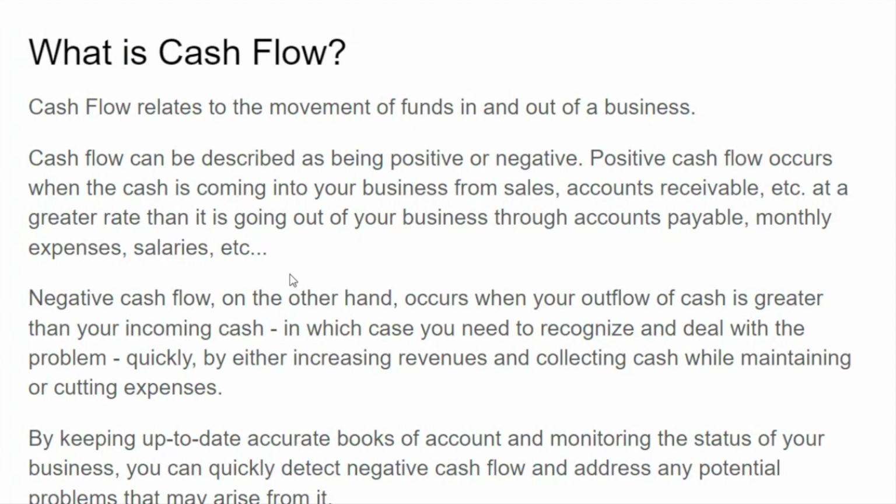So cash flow is a terminology that really looks at the movement of dollars and cents, funds, within and without of a business. So money coming in, money going out. I always analogize it to a bathtub, okay? Your taps are up the top, you turn on the water, water goes into the bathtub. Now, if you put the plug in the bathtub, the bathtub will fill up, like your bank account will fill up.